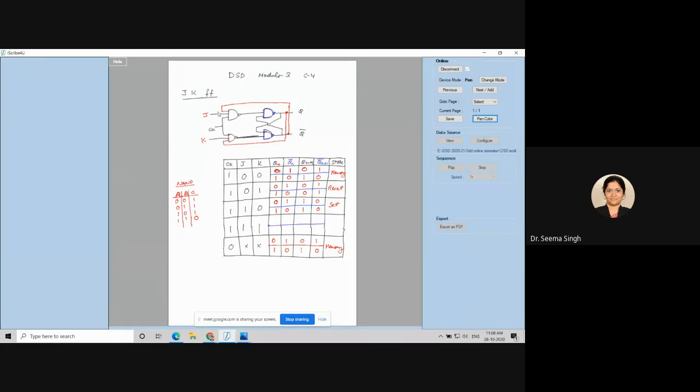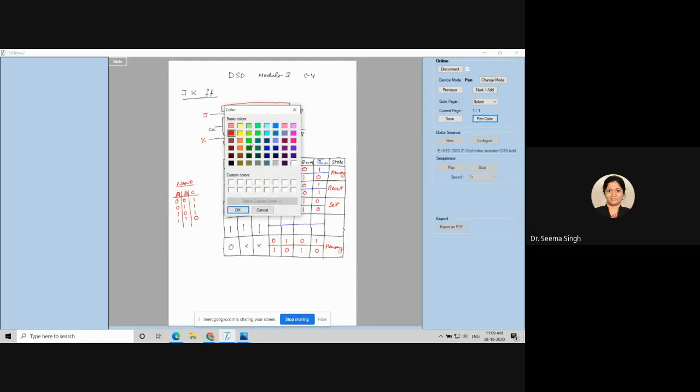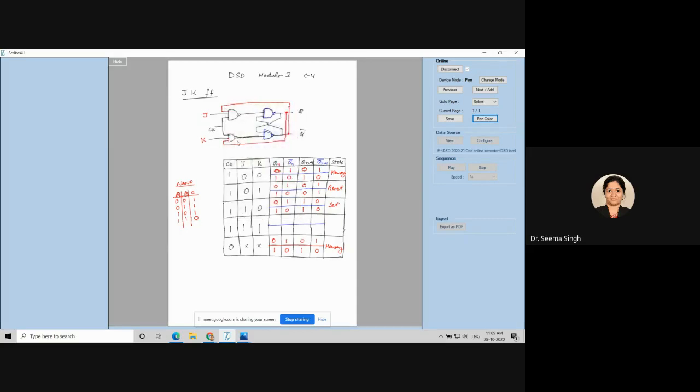Now let us come back to your toggle. It is called the toggle case. In case of SR, it was the indeterminate state. Now you need to understand this very carefully, so listen to me in a very attentive way. Now I am assuming your J and K are 1 and 1, and that clock is also 1.